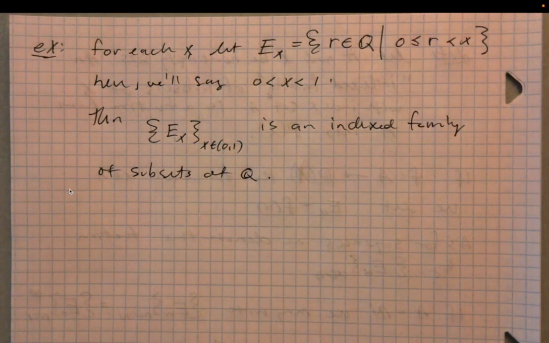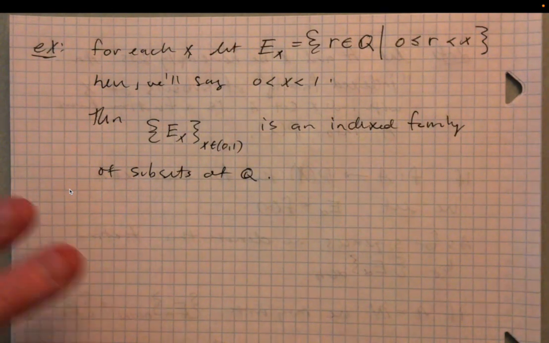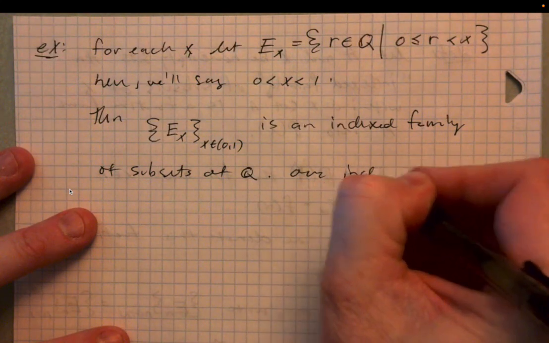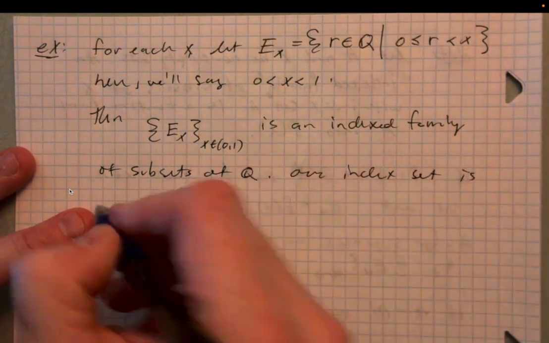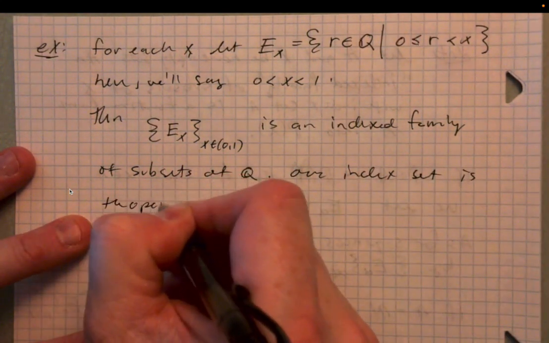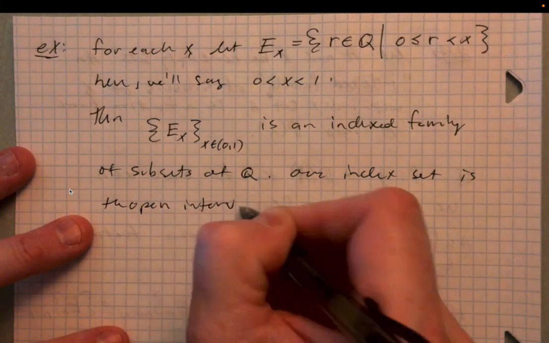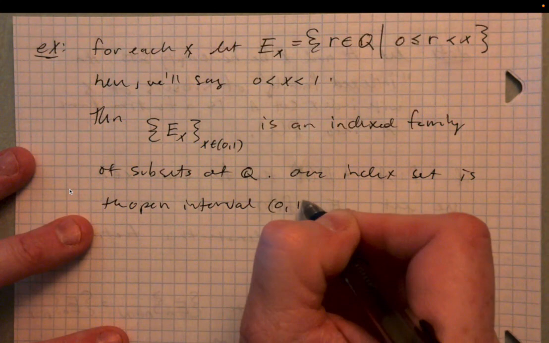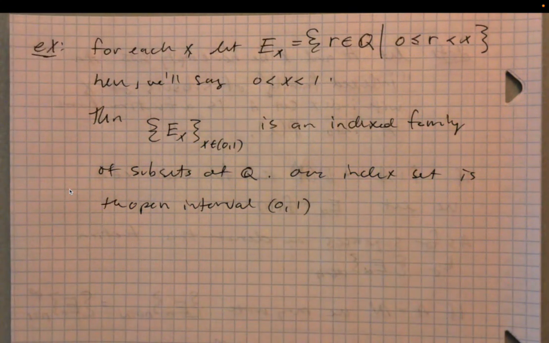Now our index set here is an open interval, right? It's the open interval 0 to 1. All right.